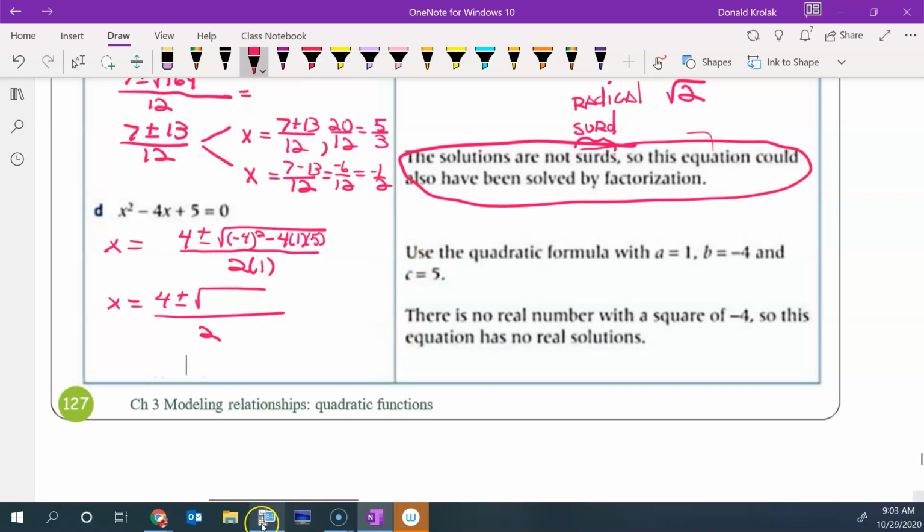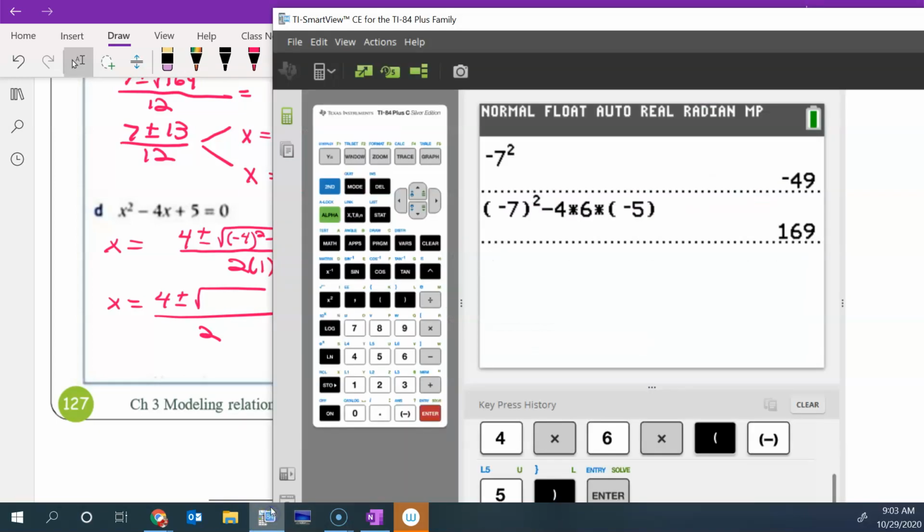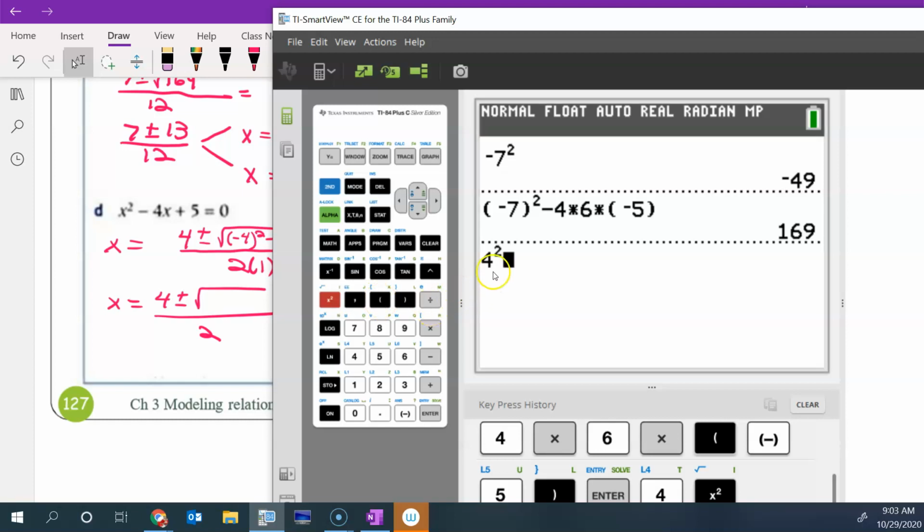All right, now when you try to do that, -4 squared. I know -4 squared is going to be positive, so I just type in 4 squared, because I'm lazy and I don't want to type in the parentheses with the negative. It's going to be the same thing.